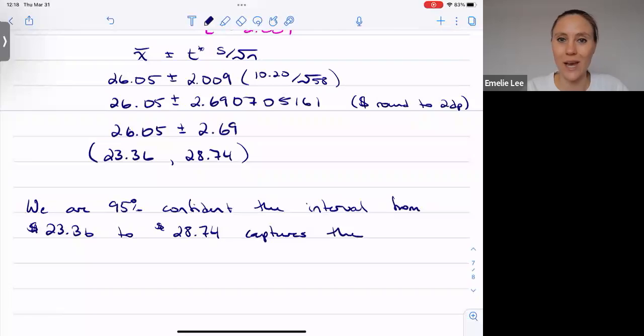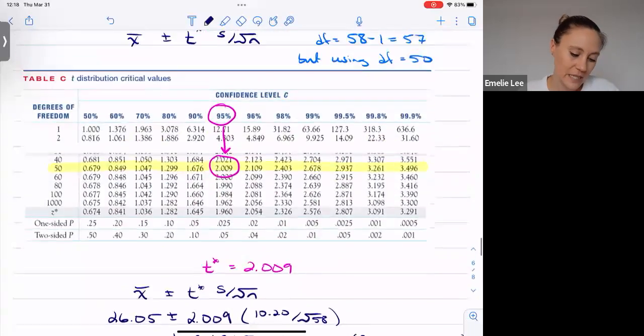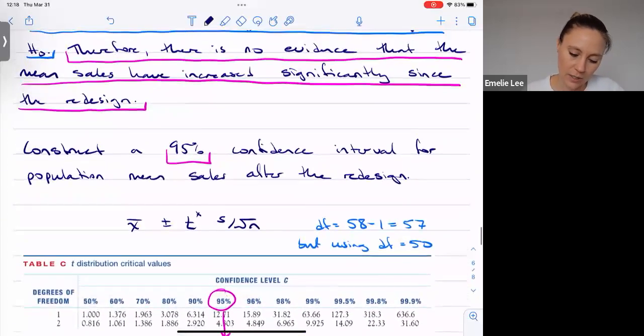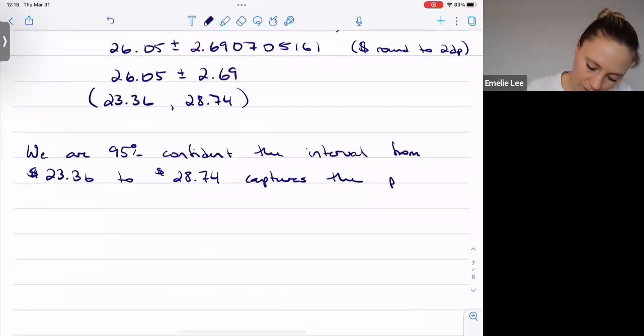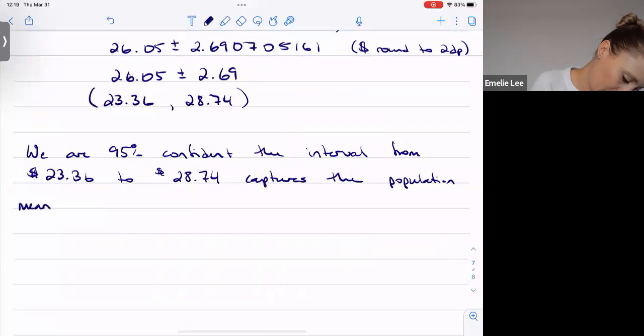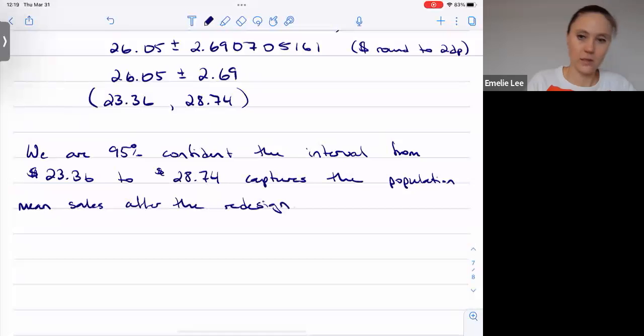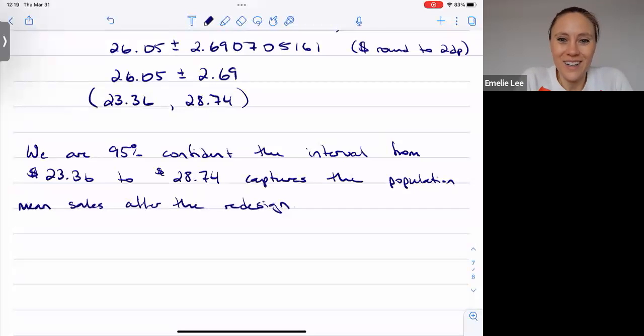We're always trying to capture the population mean or proportion. And I'm going to refer back to the question that I made up: a 95% confidence interval for the population mean sales after the redesign. So it captures the population mean sales after the redesign. We did it.